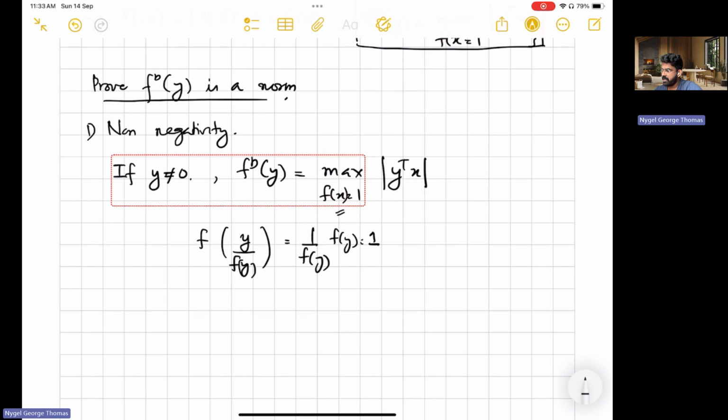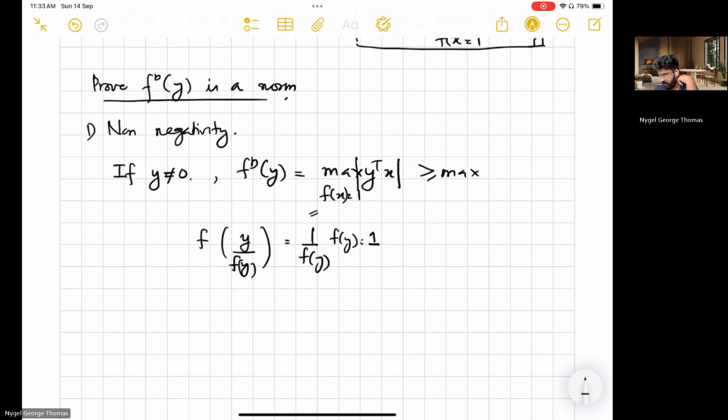So the max over many such x's will definitely be greater than or equal to the case where we have taken x equal to y by f of y.